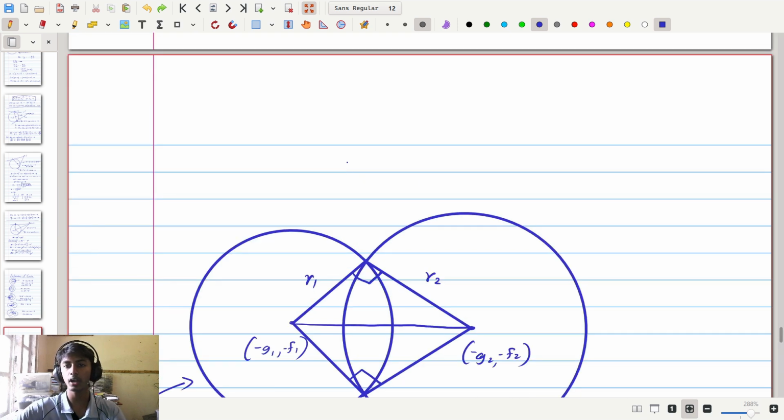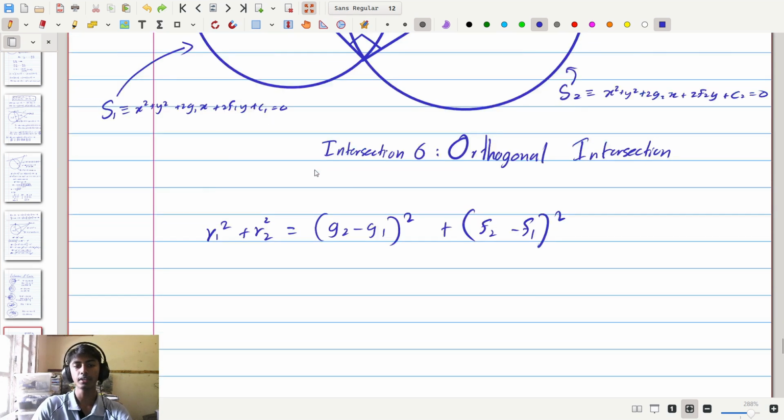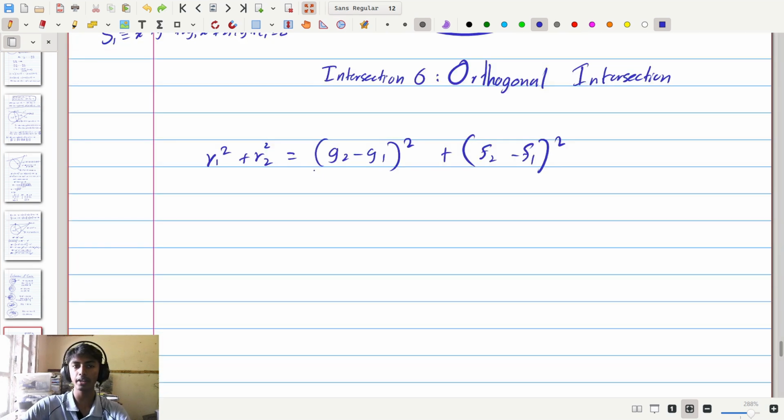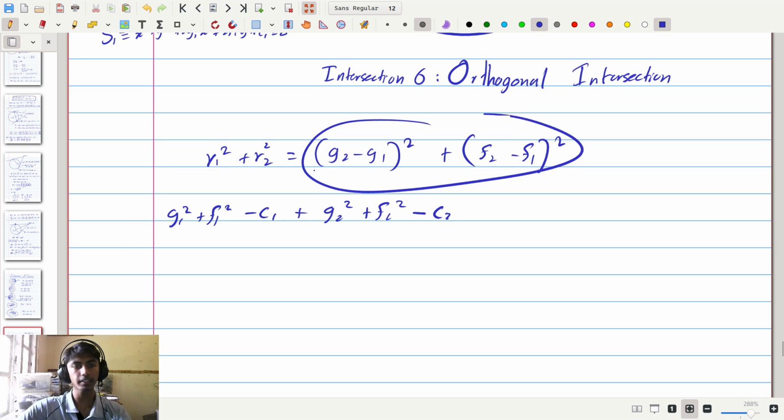I'm going to write that down up here and say that r squared is equal to g squared plus f squared minus c, where these constants are all the standard constants that we have. Now then, given that, we can write that r1 squared is equal to g1 squared plus f1 squared minus c1, and r2 squared can be written as g2 squared plus f2 squared minus c2. Now then, expanding the thing on the right.